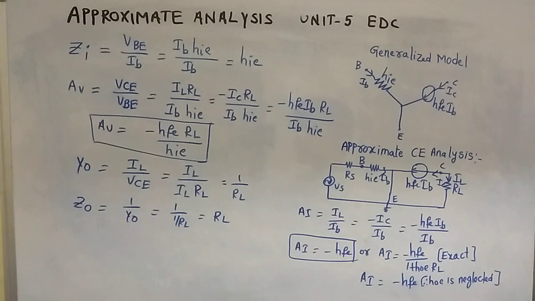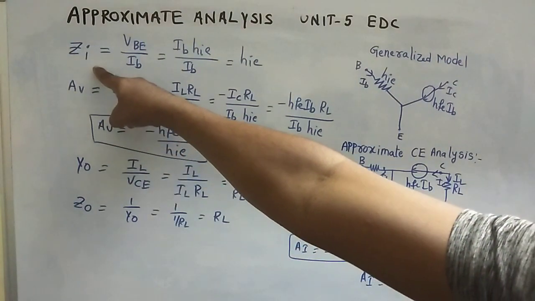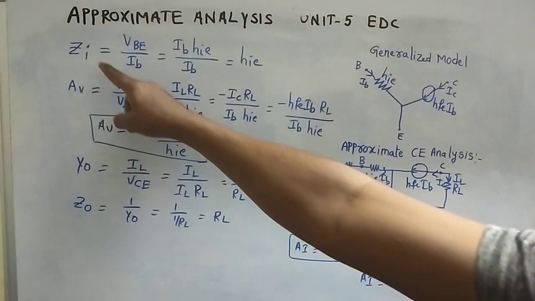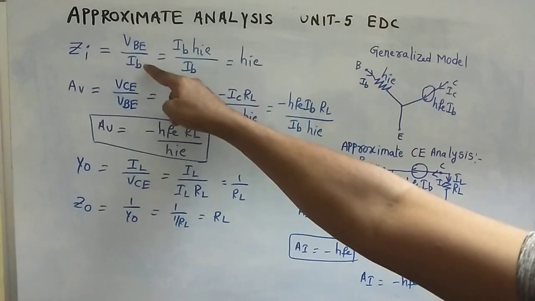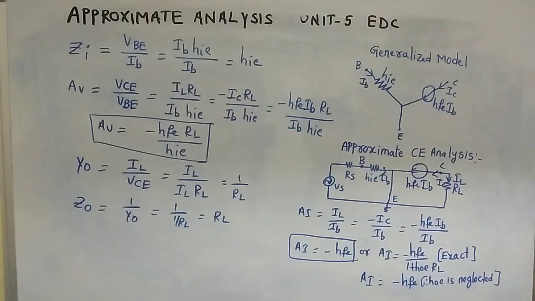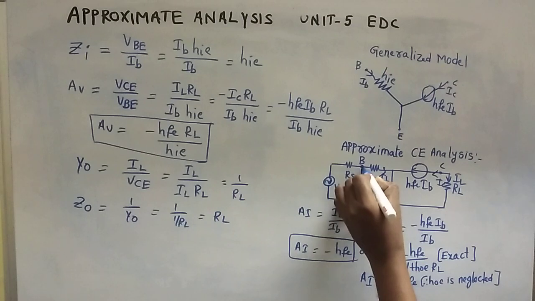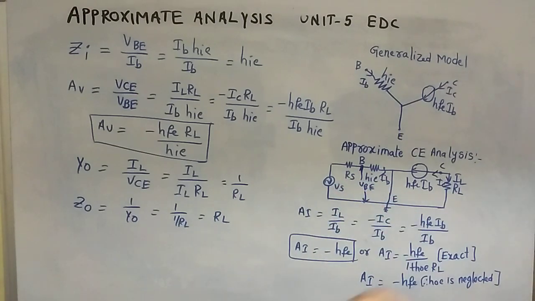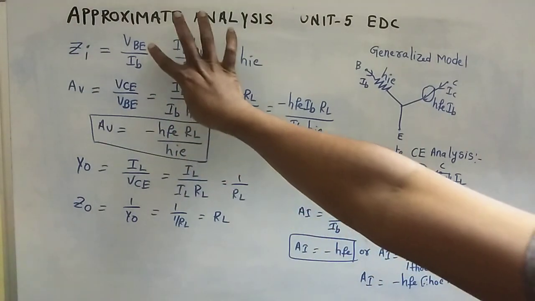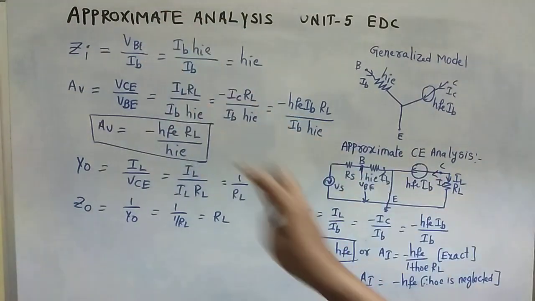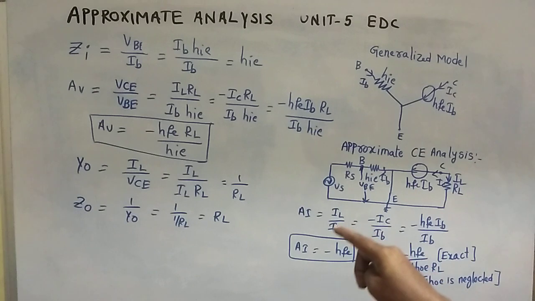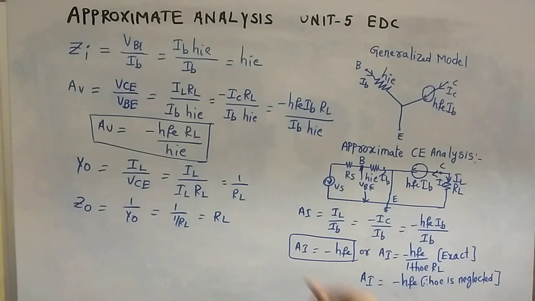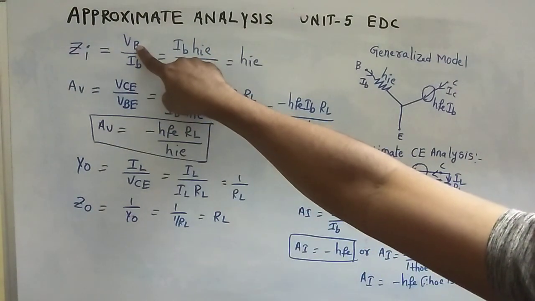The next parameter is input impedance Zi, which is equal to VBE by IB. The input voltage is VBE, otherwise you may take VB; for easy simplification I am taking VB.